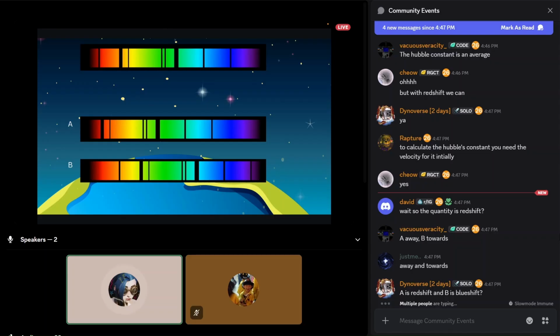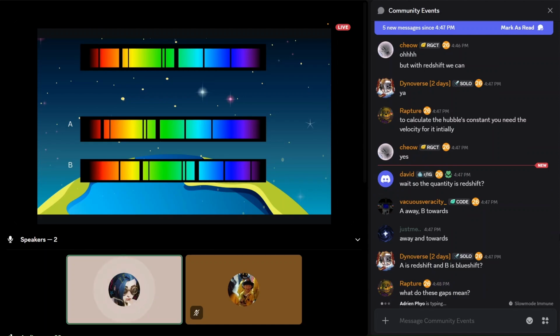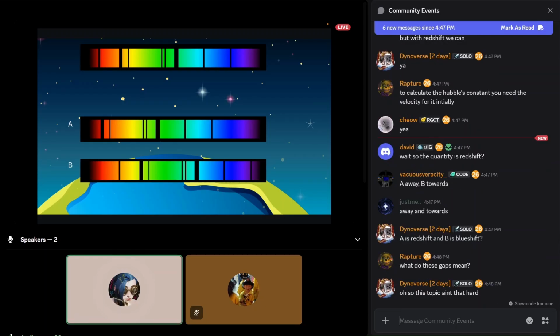Yes, A is redshift and B is blue shift. Correct. So the gaps tell you what elements the planet or the star absorbs. So it's called an absorption spectrum because it tells you what elements it absorbs. Get it?